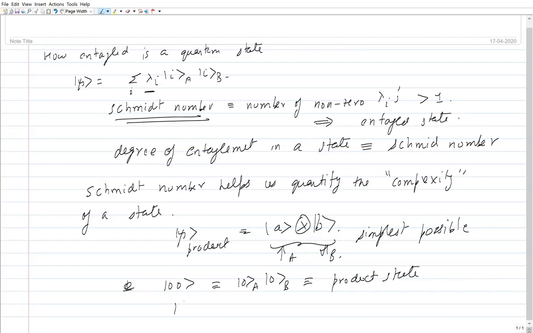What about the state? Now if you look at it, I'll just write it again.